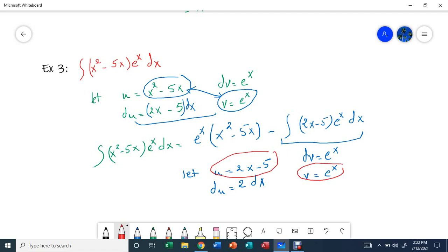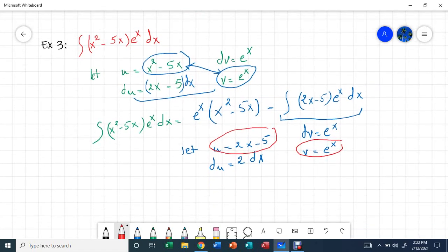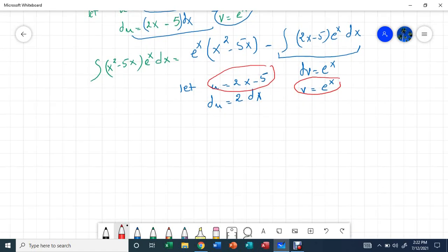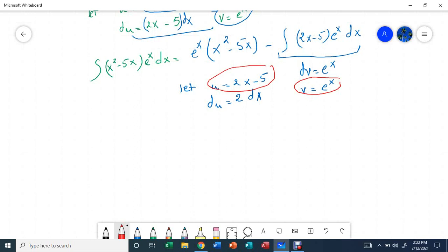So our integral will be same stuff, equals e to the x times x squared minus 5x, and that is just the first part here. Now I'm gonna apply integration by parts to the second portion of this integral.